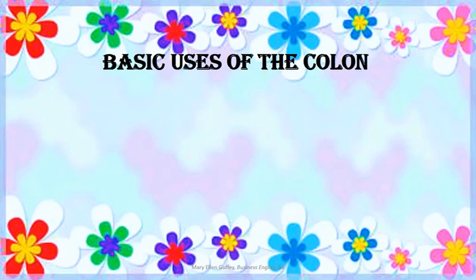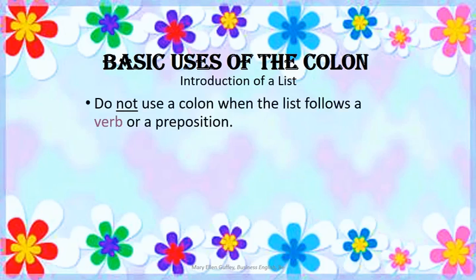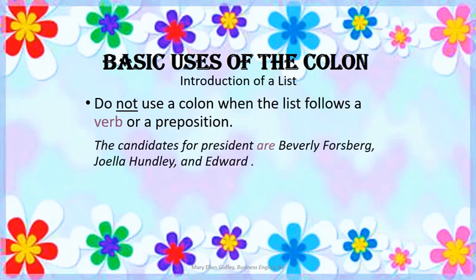Students, like the last point, this point is also extremely significant to understand the use of colon. See this. Do not use a colon when the list follows a verb or a preposition. For example, the candidates for president are Beverly Forsberg, Joella Hundley, and Edward.